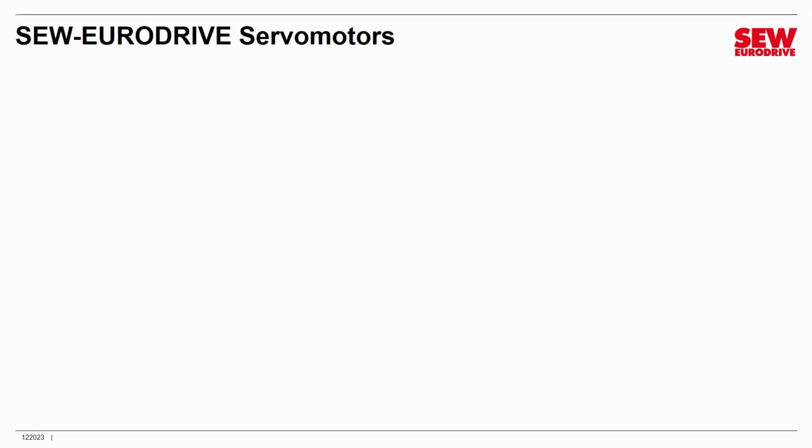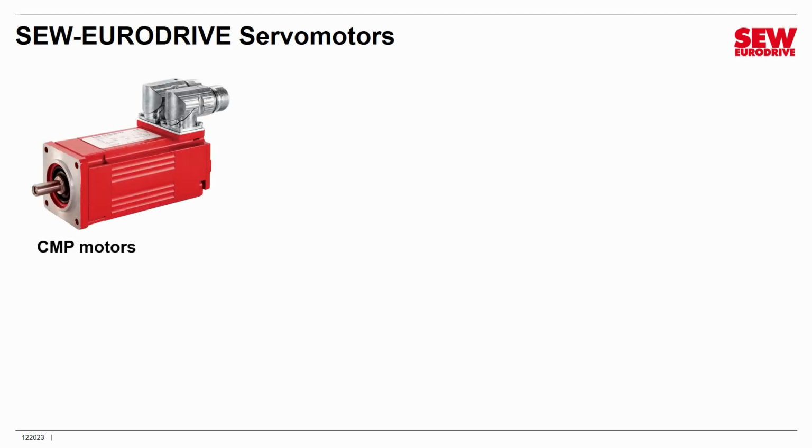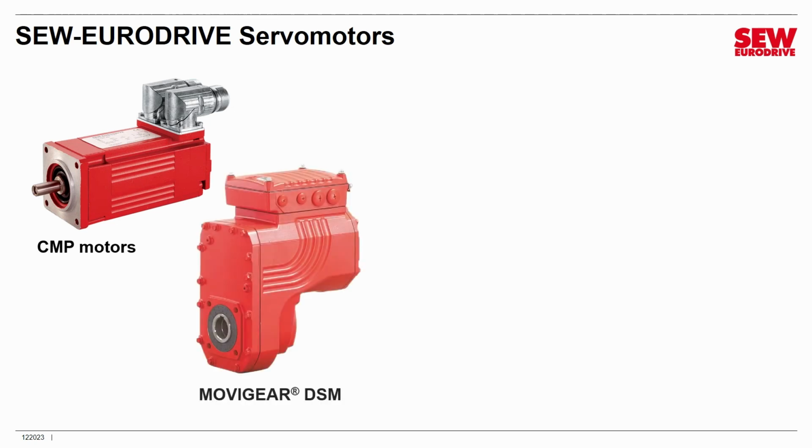Let me point out a few of SEW Eurodrive's servomotors. We have a number of different product lines, and this is not an exhaustive list, but it certainly covers the main ones. The CMP servomotor series has been around for quite a few years. It's one of our mainstay servomotors, so these are very, very common. You will also see sometimes what is called the MOVIGEAR DSM. This is an interesting combination of a servomotor and a high-efficiency gearbox all in one unit.